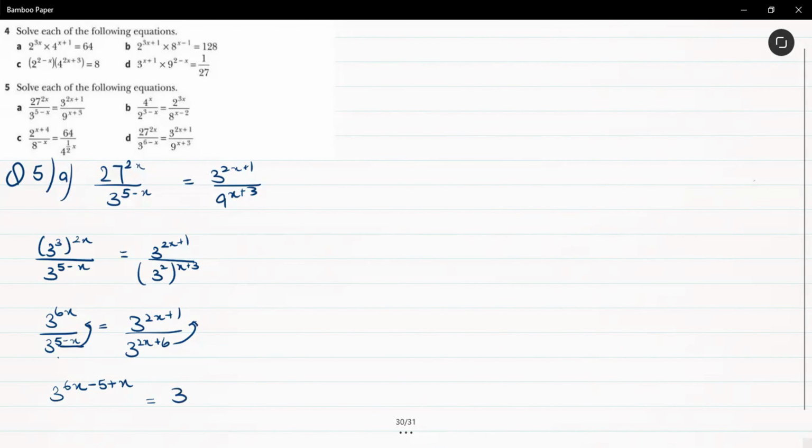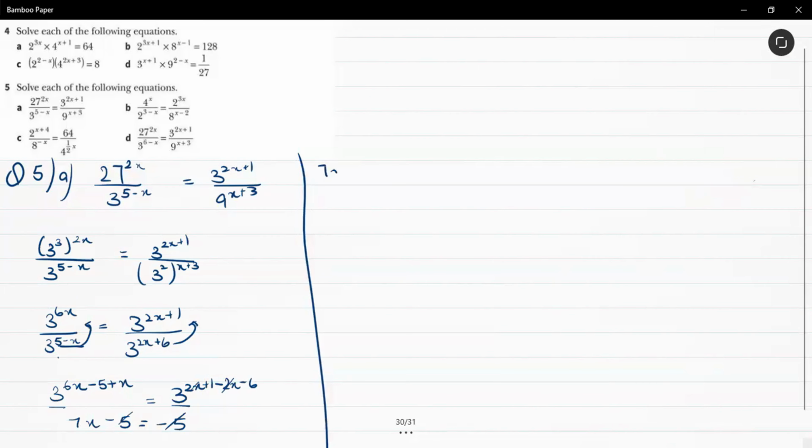So we get 3 raised to the power 2x plus 1 minus 2x minus 6. Now the index values are the same. Equate the exponents. 6x plus x, 7x minus 5 is equal to 2x minus 2x, and this is equal to negative 5. So this will be cut down.